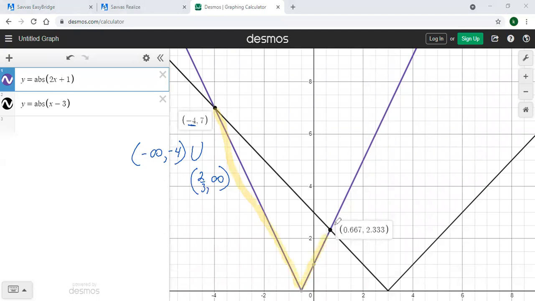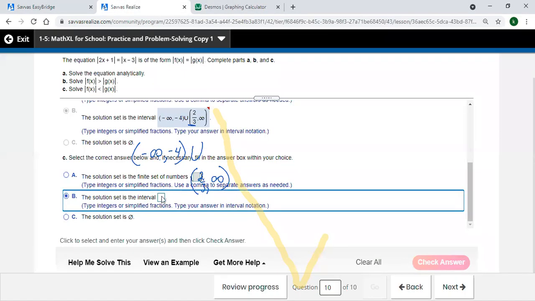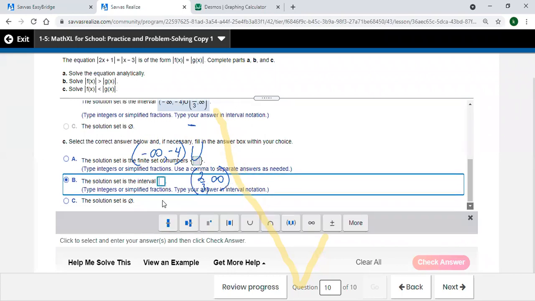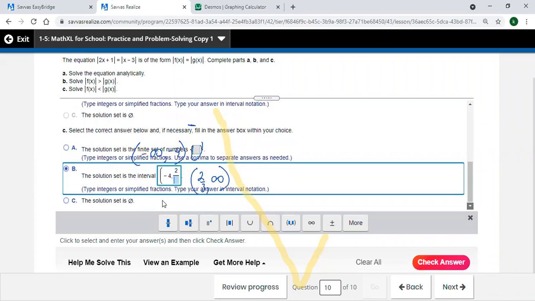But it's between the -4 and the 2/3. So if the other one was out to the infinities, this one's between the two numbers. So it's the interval between, what were my two numbers? The -4 on the left and the 2/3 on the right. Oops, get that parenthesis out here where it's supposed to be.